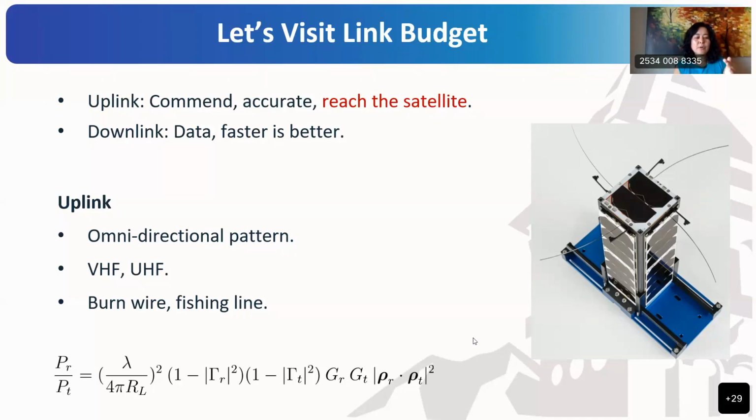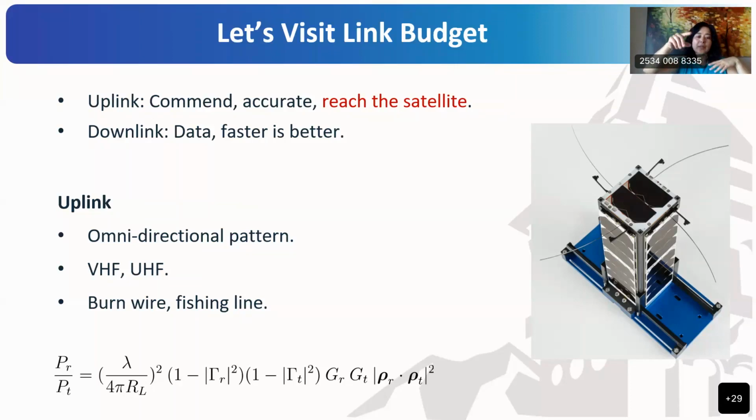So if you want a certain amount of received power, either the gain of the antenna has to be high, in our case, no way, because it's an omnidirectional antenna, or the only thing we can do is reduce the space loss. That's the lambda over 4 pi r term squared, a loss due to the distance.